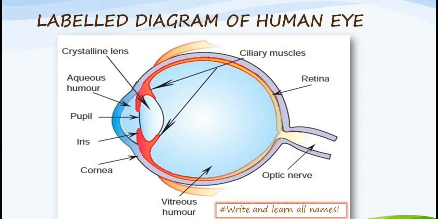So in this figure, whatever parts were important are labeled: crystalline lens, aqueous humor, pupil, iris, cornea, vitreous humor, optic nerves, retina and ciliary muscles. You must learn all these names.